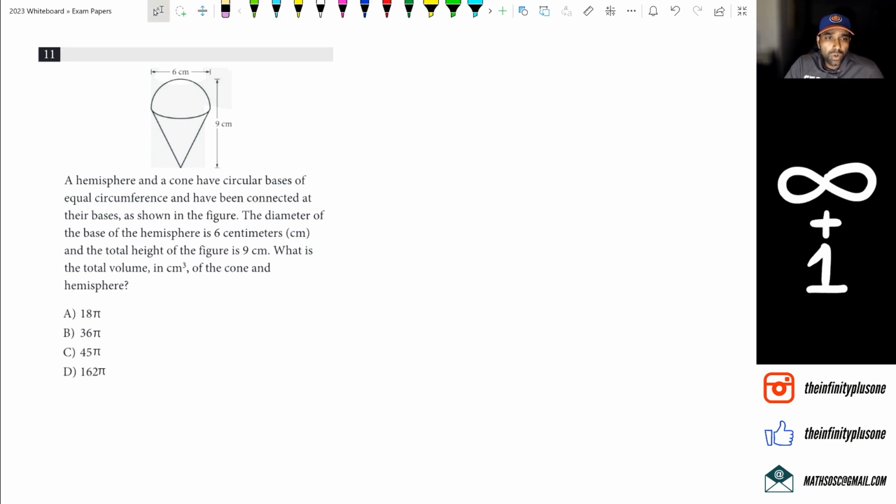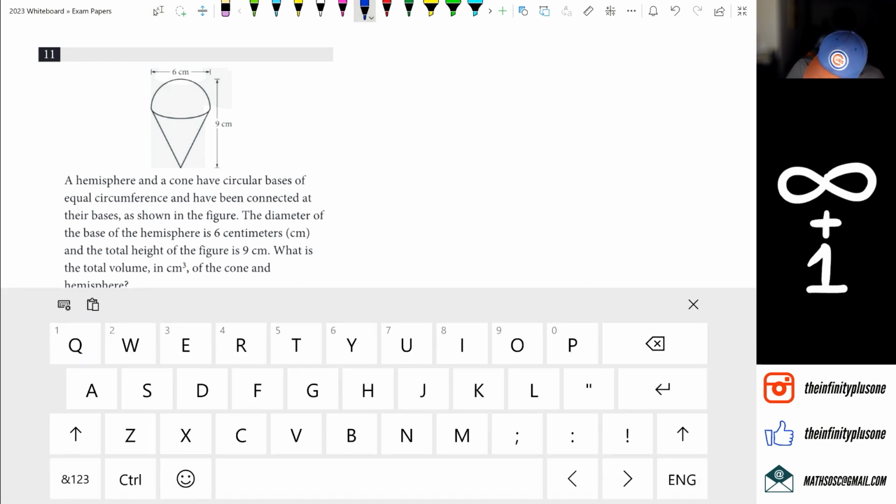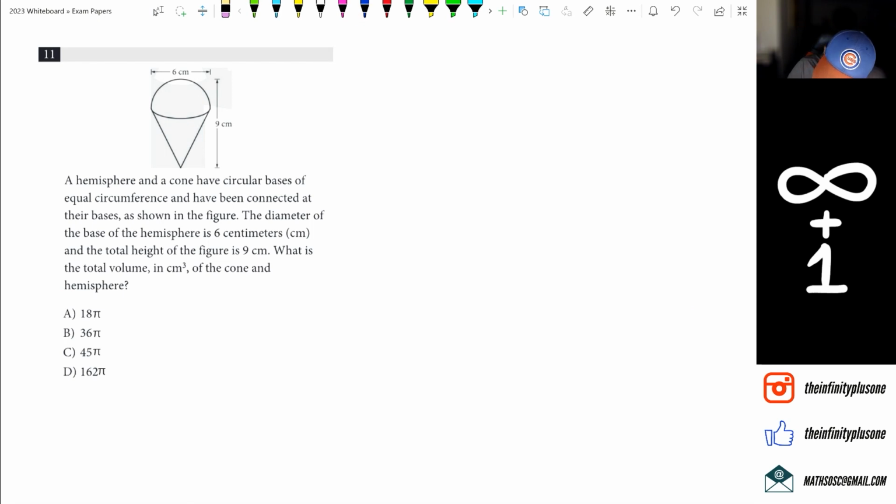Alright guys, so what we've got here is we've actually got two parts to this question, right? So first we've actually got to work out that little sphere thing, and then we've got to work out the cone as well. So what I'm going to do is I'm going to rough sketch it here. So we've got a sphere, and the cone. Now I'm actually going to put down all the units here first so that it makes it easy for us.